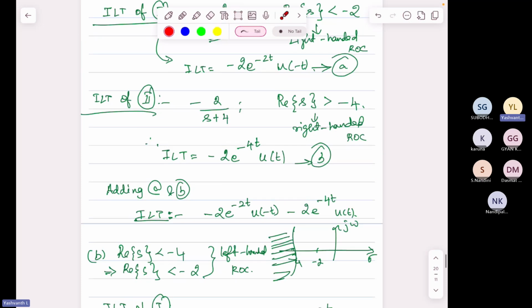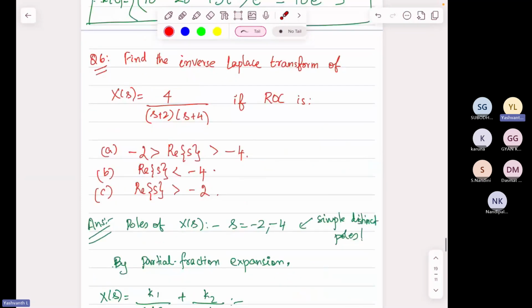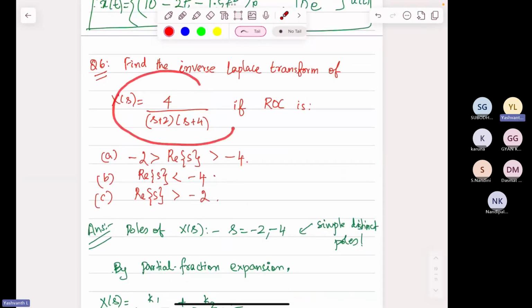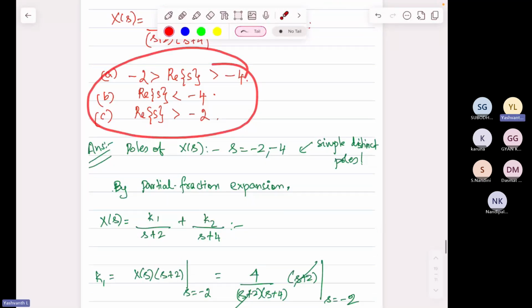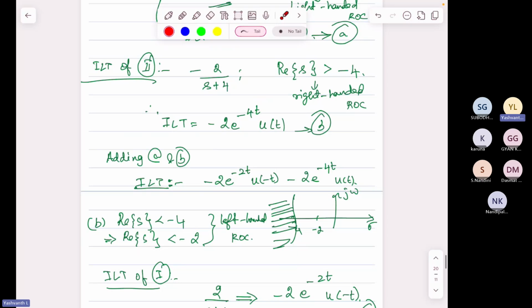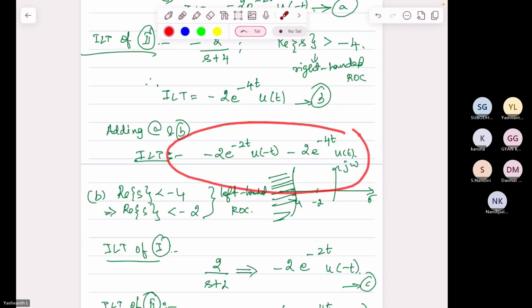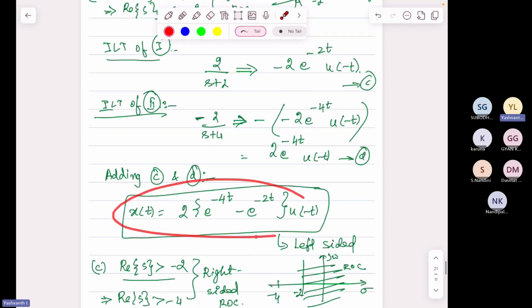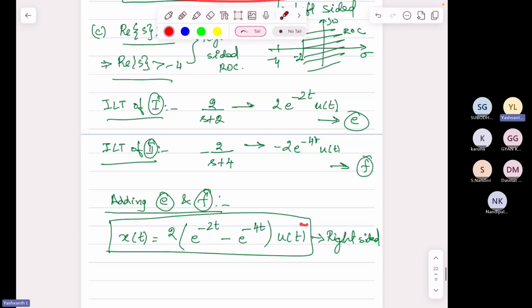In the entire problem, your X of s was the same, but depending on the ROC, the actual time domain signal could be either this signal, or this signal, or this signal. All three are different signals.